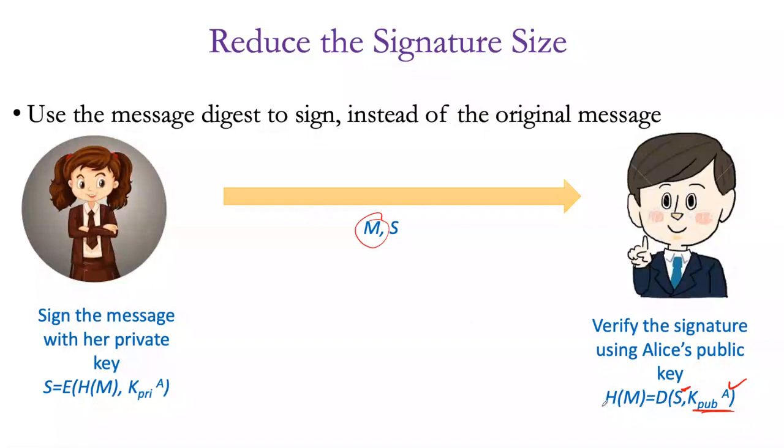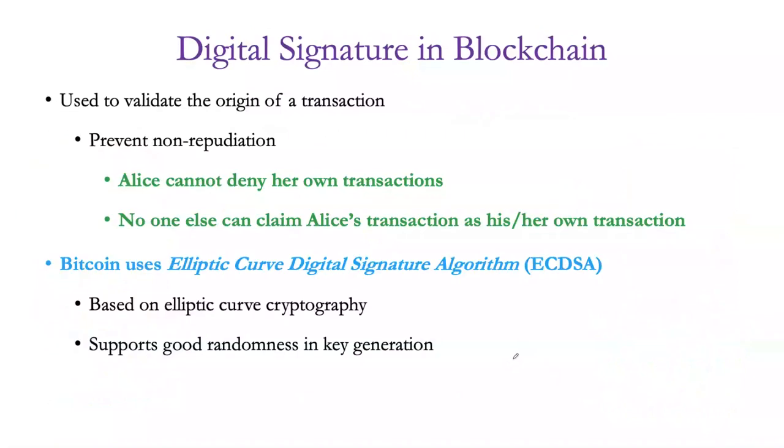Then you get one digest. That digest is compared with the digest of the message passed through the same hash function. If the digest matches, it is accepted. If not matching, it is vulnerable. In blockchain, the digital signature is basically used to validate the origin of your transaction.